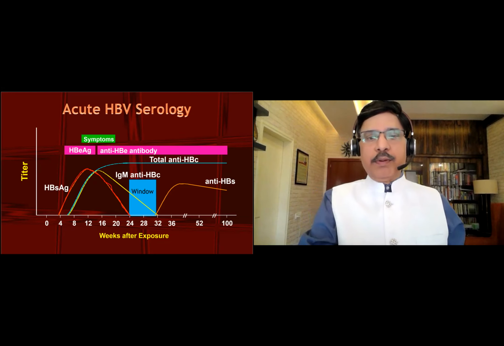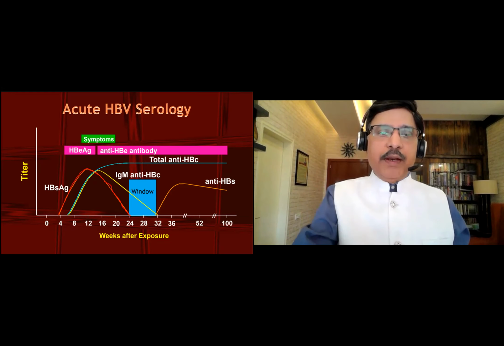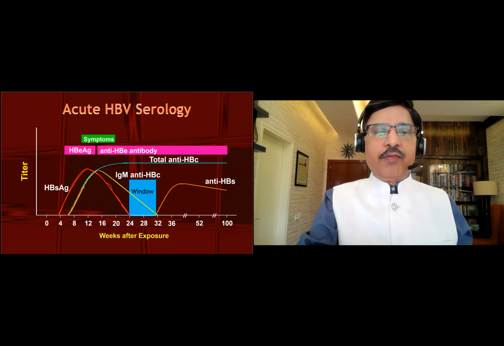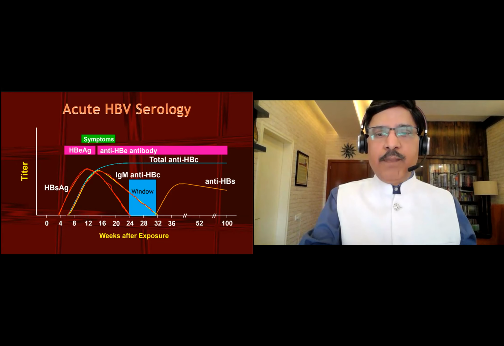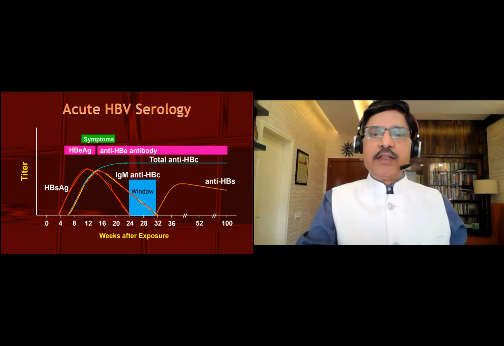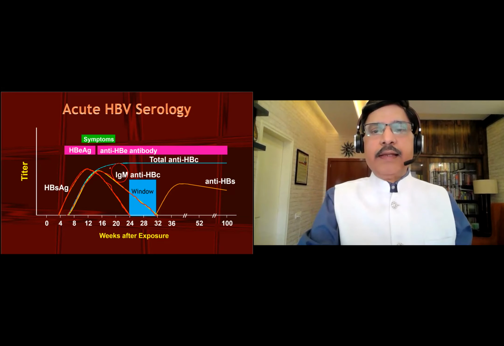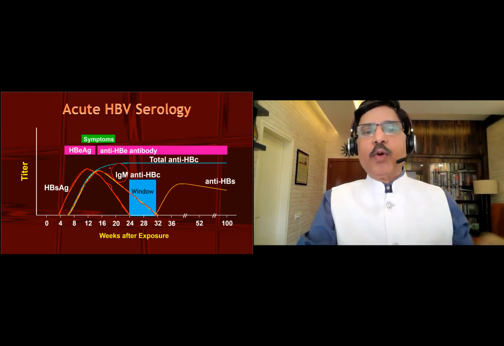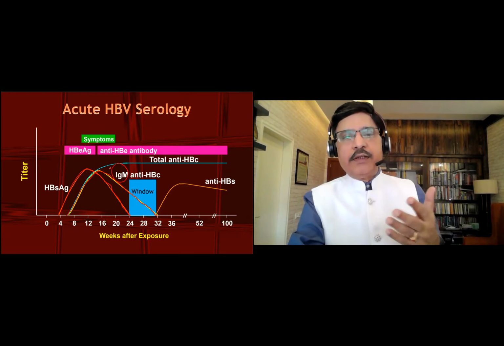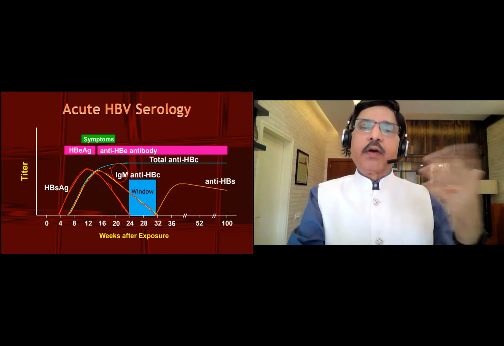Simultaneously, by about 6 weeks, the antibodies start appearing. The first antibody that is coming up is the yellow line, which is the IgM anti-HBc. IgM, we all know, is for acute, and IgG is for the remote infection. In any disease, IgM is acute infection, IgG or total is for the chronic infection.